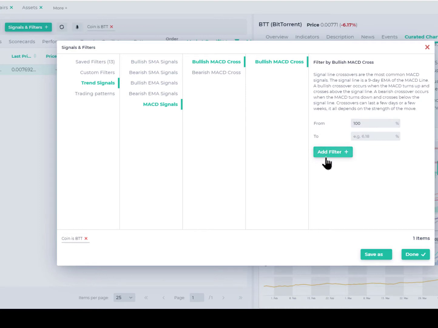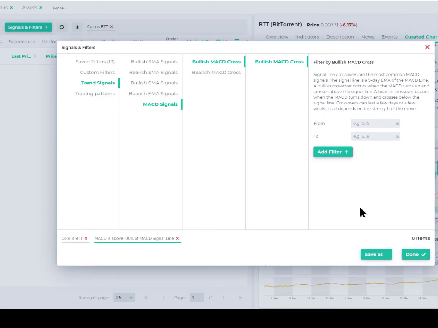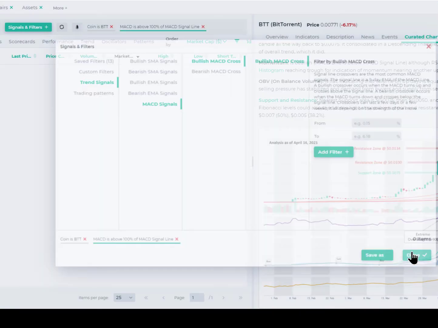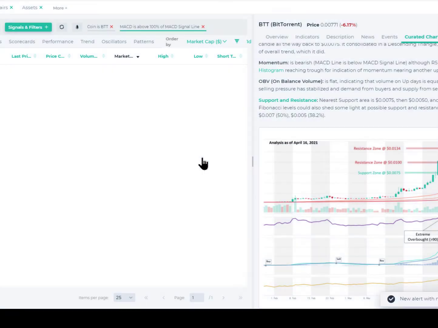I don't have to do anything, just add the filter, and it says that when MACD is above the MACD signal line, that's a bullish MACD crossover. I finish that filter. I create an alert out of that filter that says BTT bullish MACD crossover. So again, I will get alerted when the bullish MACD crossover takes place. That may be a great buying opportunity.